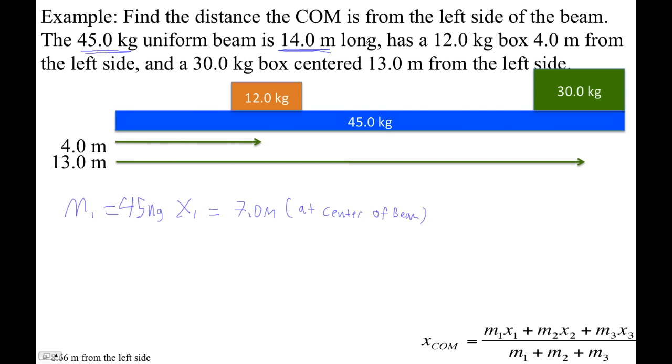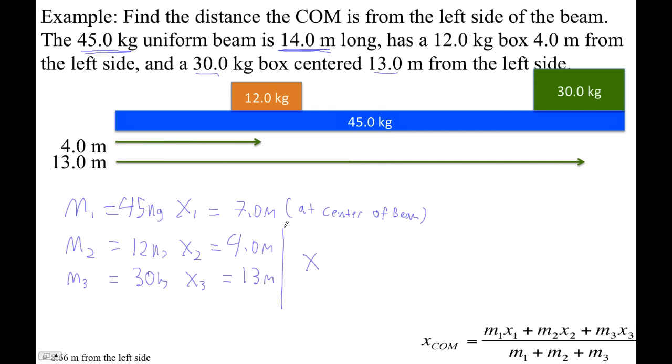Then m2 is going to be the 12 kilogram box, and x2 is 4 meters from the left side. And the 30 kilogram box is 13 meters from the left side, so m3 is 30 kilograms and x3 is 13 meters. Now we just have to plug it into the fancy formula.